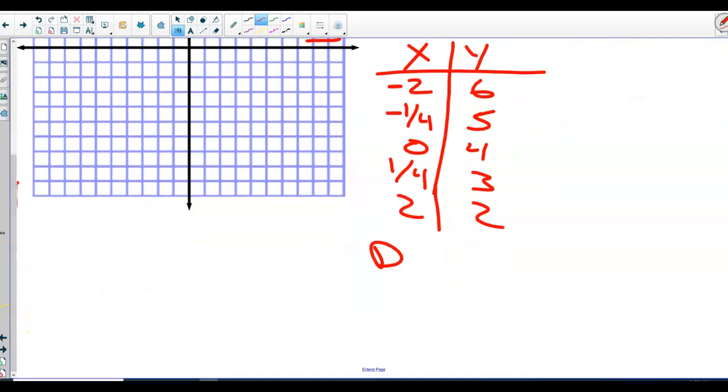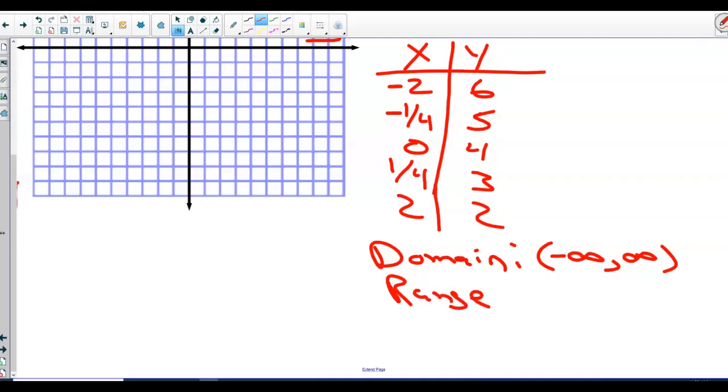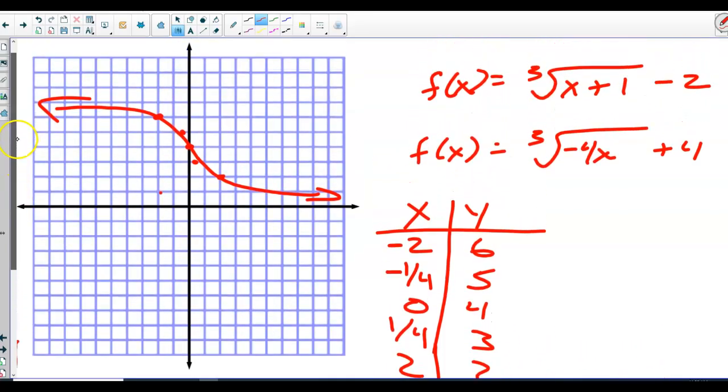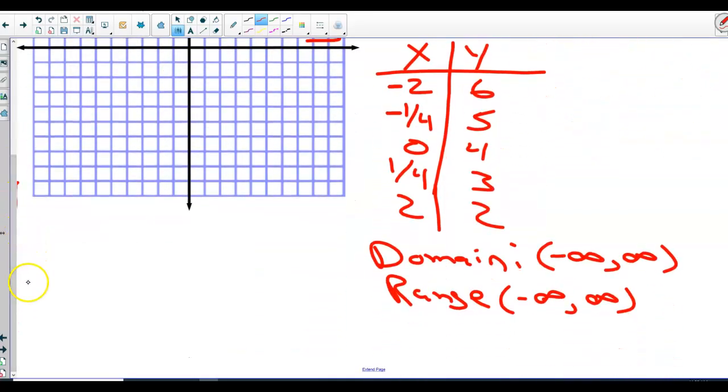The domain, negative infinity to infinity. The range, negative infinity to infinity. Our shifts, we're just going up 4.